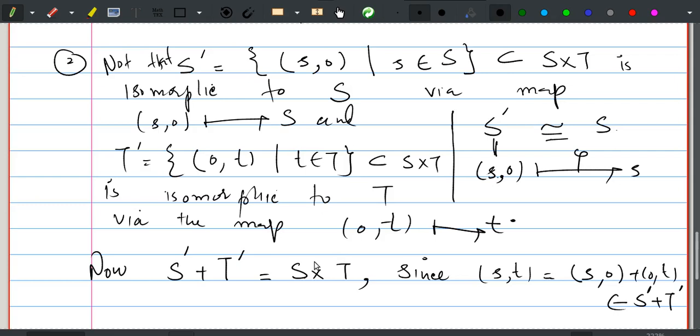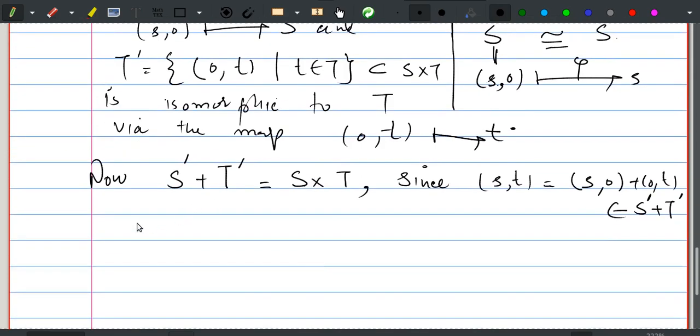Also, S prime intersection T prime. Now S prime contains all elements whose second component is 0, and T prime contains all the elements whose first component is 0. So their intersection contains only the element (0, 0).